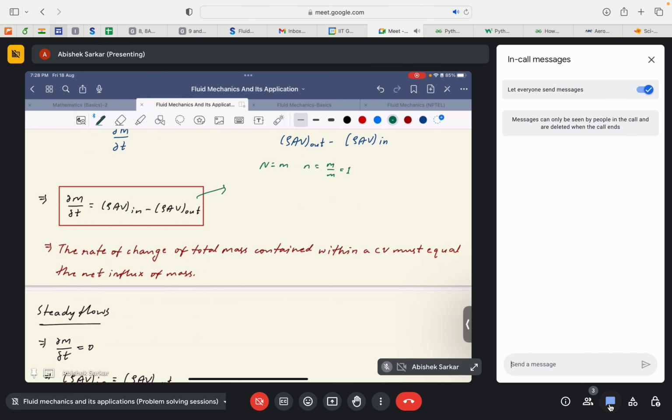Applying RTT in this case, dm by dt for the system would be equal to dou by dou t for a control volume of rho 1 dV, plus the integration over the control surface of rho Vr, then since there is no n, it's basically 1, then dA.